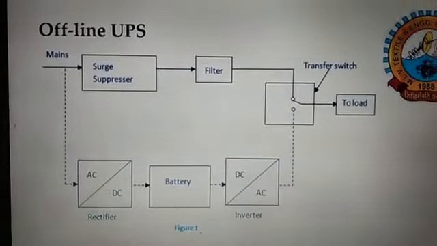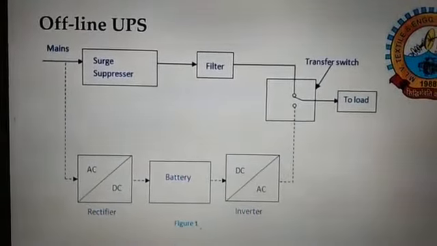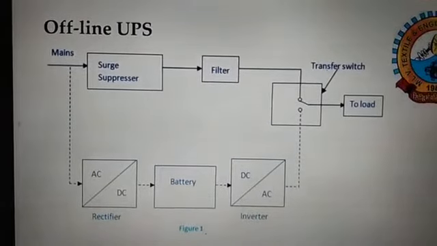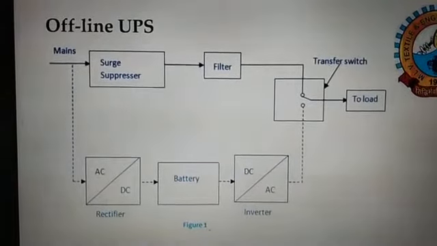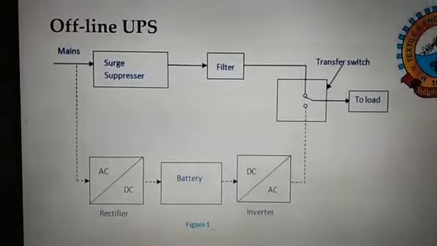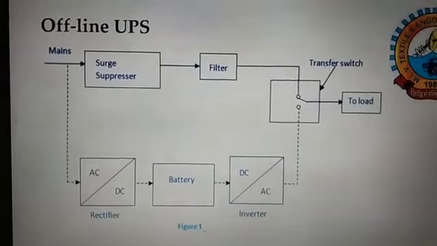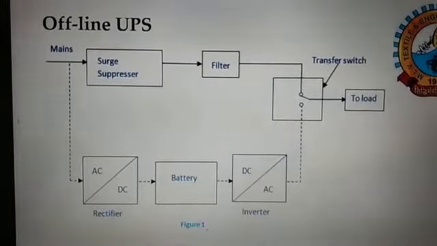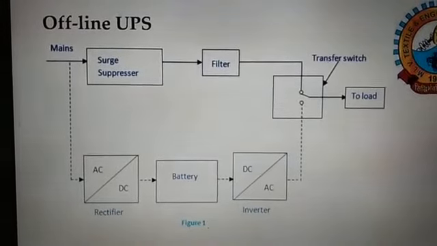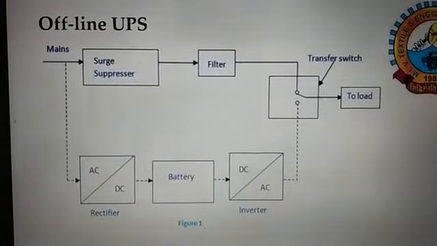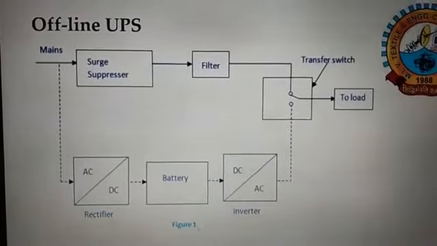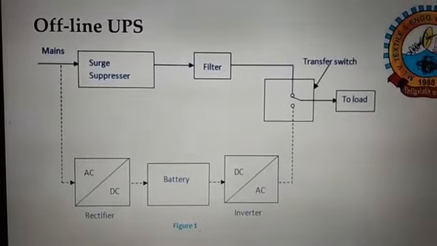This is the block diagram of offline UPS. When you see the bottom line, the first block is the AC to DC converter, that is called the rectifier, and the rectifier is used here for charging the battery.